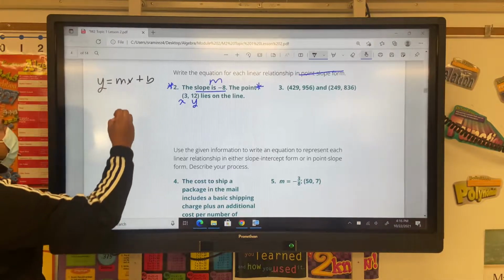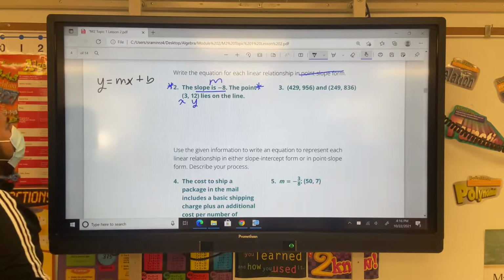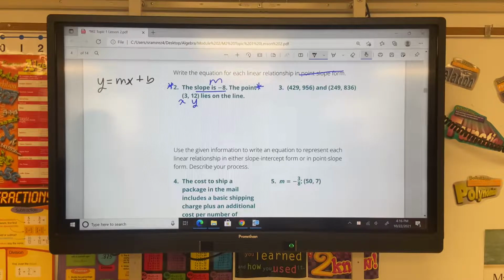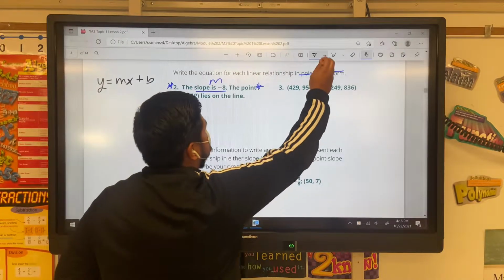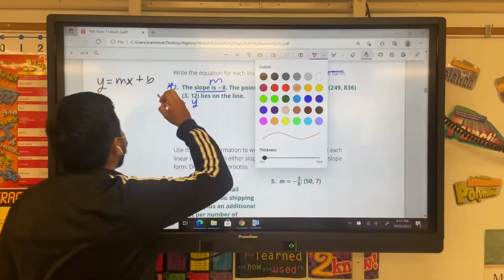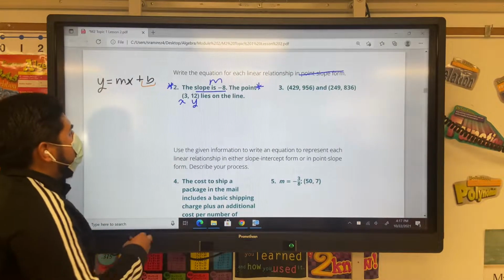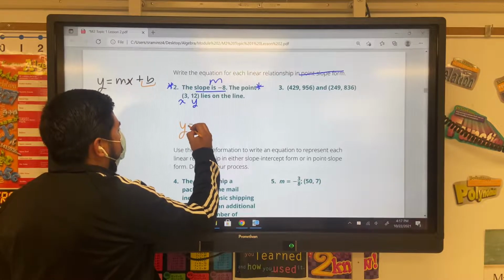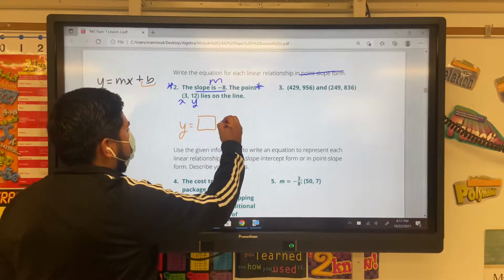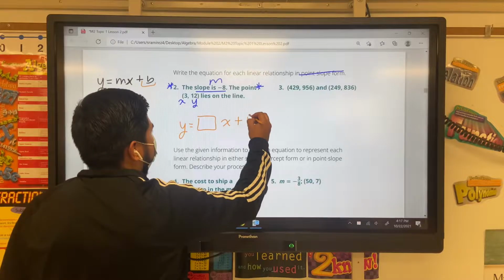Okay. Here we go. Now, my job right here is to show with solving that I can find my b. Because I want to be able to fill in y equals blank x plus blank.